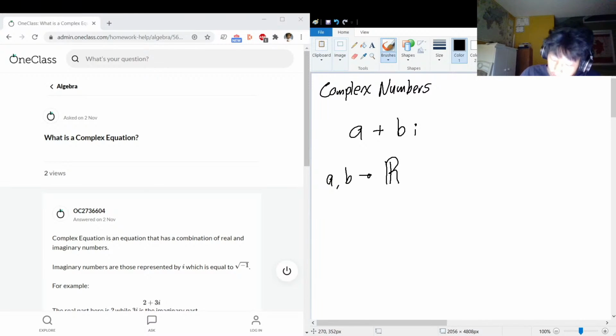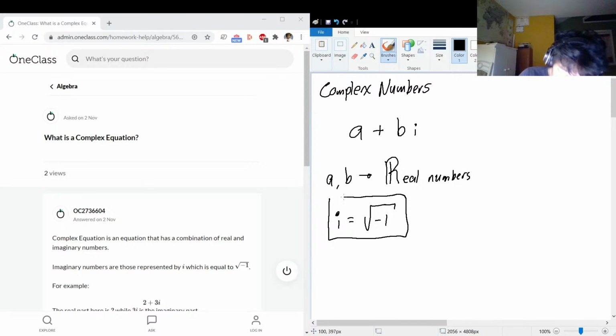Sometimes they just say a capital R with the fancier R, but I'll write it out: real numbers. So it could be 1, 2, 3, 3.3, pi, the square root of 2, negative a billion, whatever number you like, as long as it's real for A and B. And I is equal to the square root of negative 1.